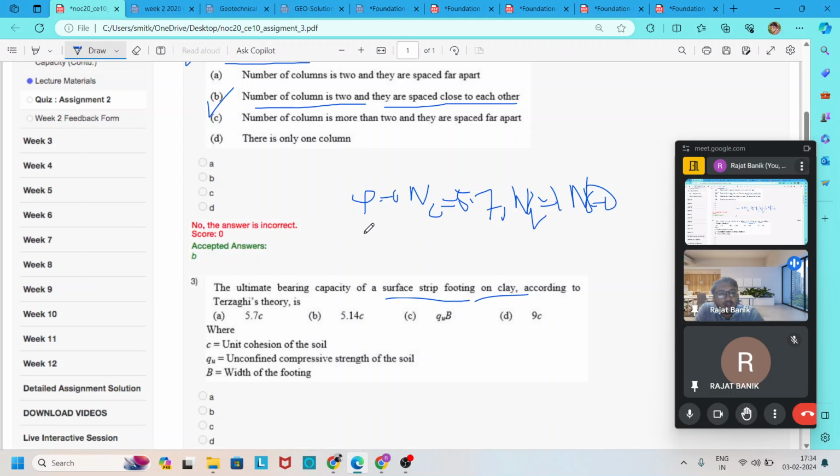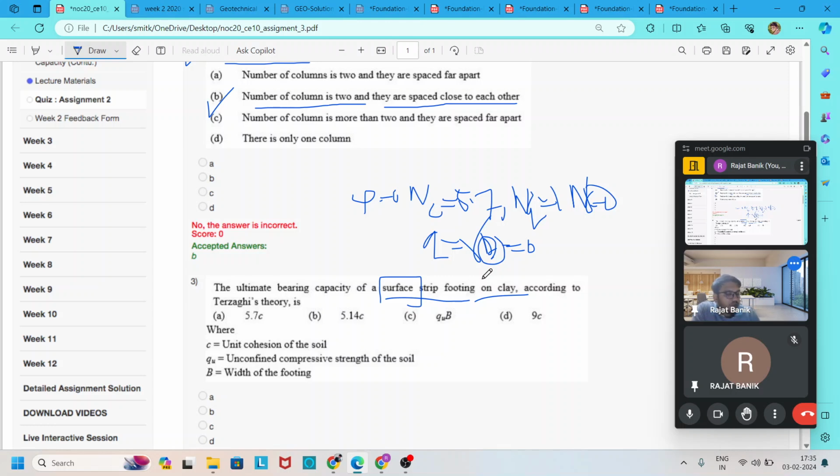For a strip footing, the ultimate bearing capacity is equal to c Nc plus q Nq plus half gamma B N gamma. Since it rests on the surface, q will also become 0. We know that q is equal to gamma times Df, and here Df is equal to 0, as there is no depth of the foundation.